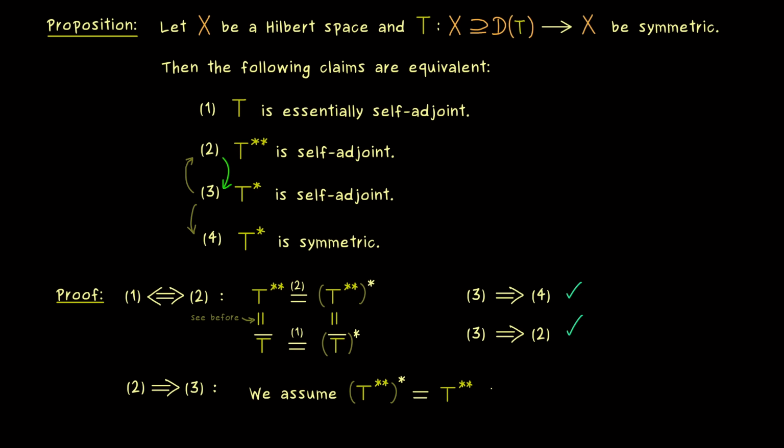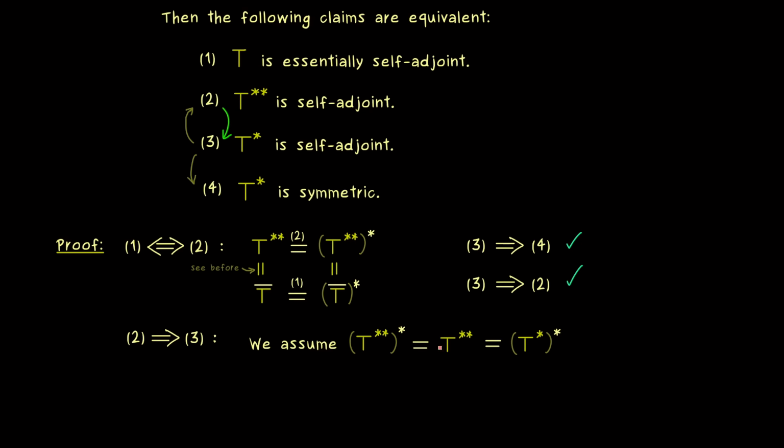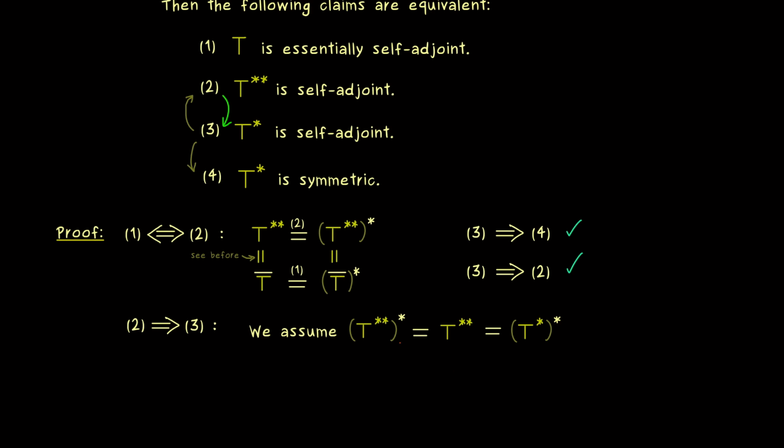However, obviously we can see T star star as the adjoint of the adjoint. This is quite clear, but it helps us because now we have an equality for adjoints. To make this clear, we could call the double adjoint of T just U and the adjoint of T V. And these are well-defined operators on the Hilbert space X, and they are also closed operators.